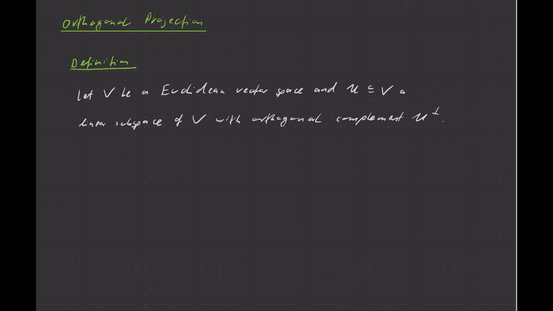For a vector V in the vector space, we already know there is a decomposition of V into two parts, one in U, one in the orthogonal complement.